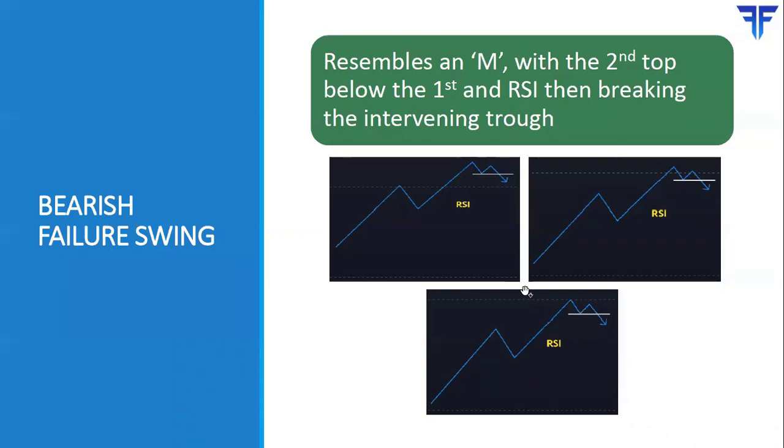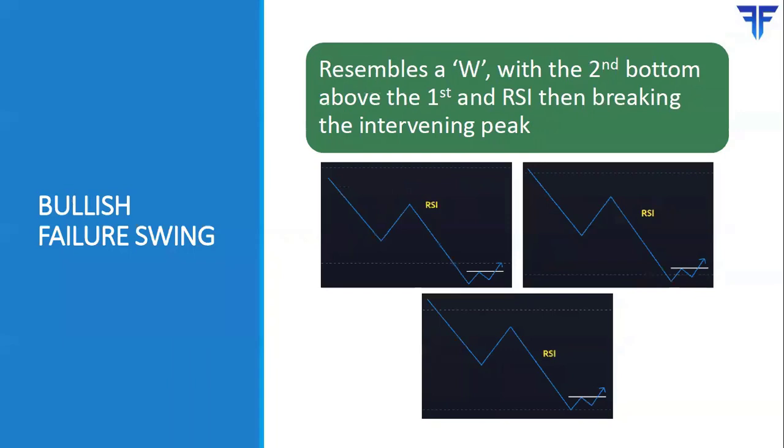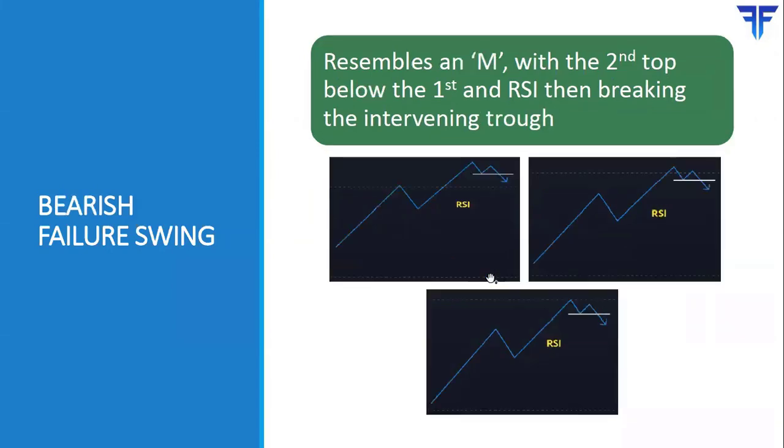One thing that you need to keep in mind about bearish and bullish failure swings is that they should occur at such extreme levels. That is, a bullish failure swing should occur very close to the oversold region, while a bearish failure swing should occur very close to the overbought region. You need to be aware of this, because if they occur somewhere in the middle of the RSI reading, which happens to be 50, then it's not really that strong.